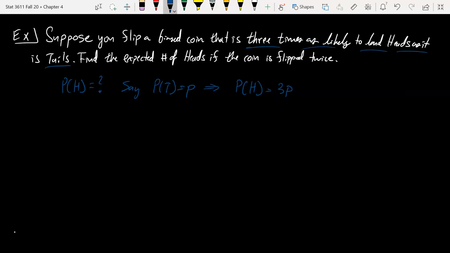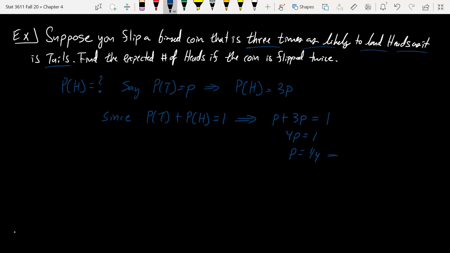Since the probability of tails plus the probability of heads equals 1, P plus 3P has to equal 1. We can solve this for P, and we see that P is a quarter. So the probability of getting a tails is a quarter, and the probability of getting heads would be 3/4.